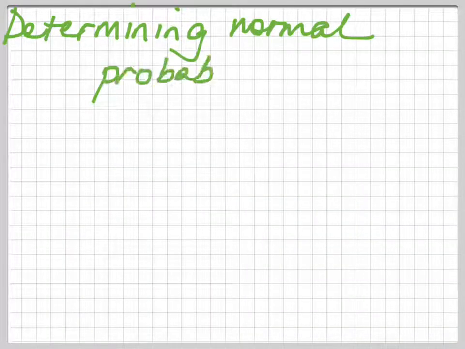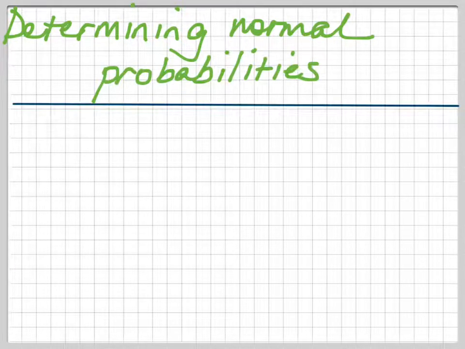And we'll keep going. Now, determining normal probabilities. So, how do you do that, ladies and gentlemen? Well, it's very, very easy. You just have to know how to use your CAS handheld wonder machine, and I'm going to show you. Here we go.